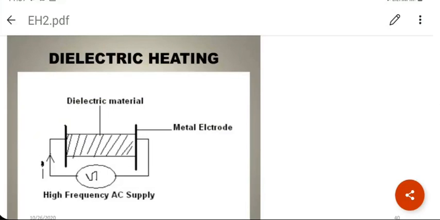Okay. It is a conceptual diagram showing you what is done. You have a high frequency AC supply connected across the material to be heated. In fact, there will be some resistors also in the circuit to control the current flow, but they are not showing it for simplicity. Two electrodes for sure. I was showing you plates in the previous diagram. Here they are calling them electrodes.